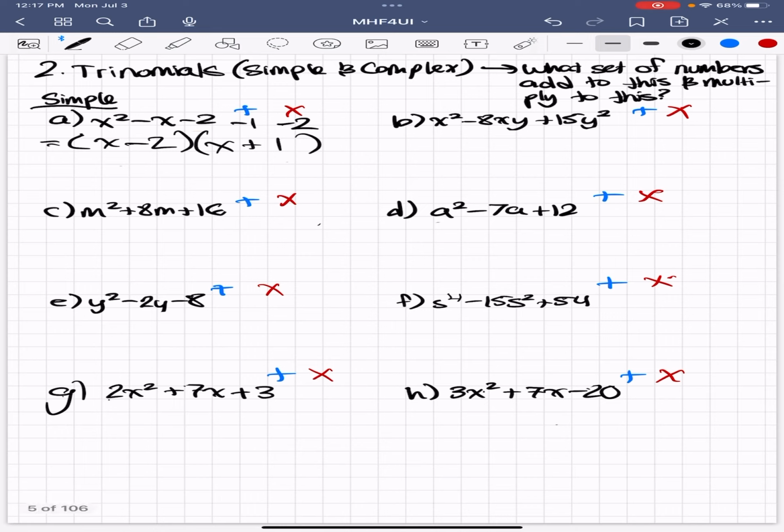On to the next question. X to the power 2 minus 8xy plus 15y squared. And this would be our final answer.